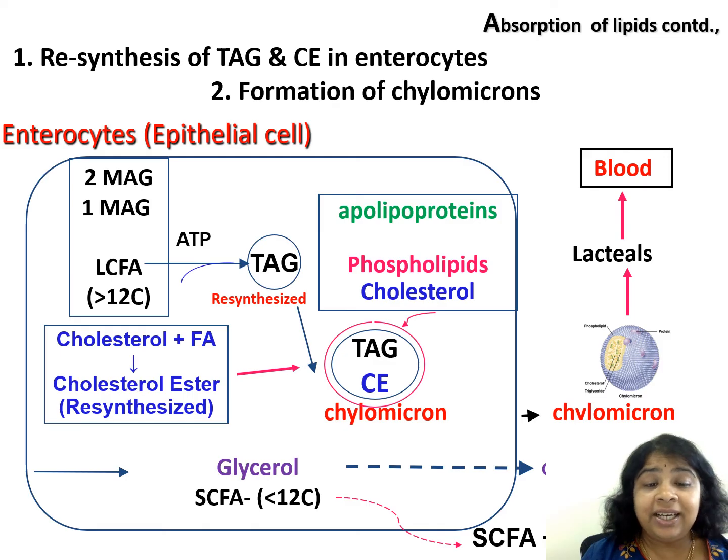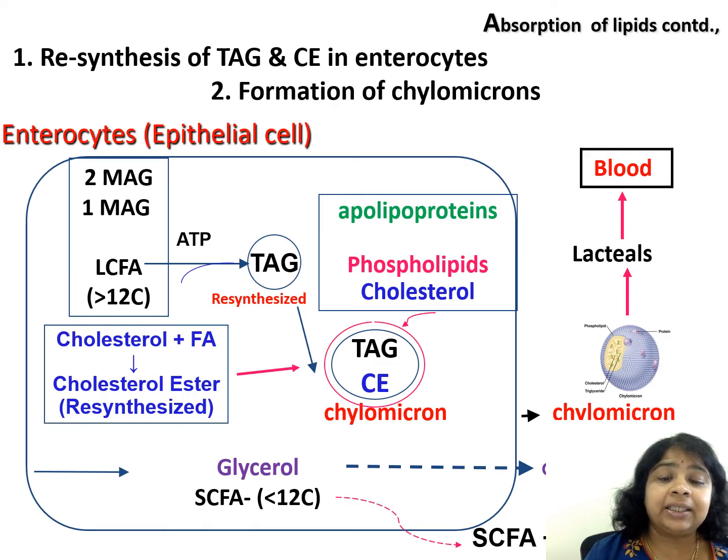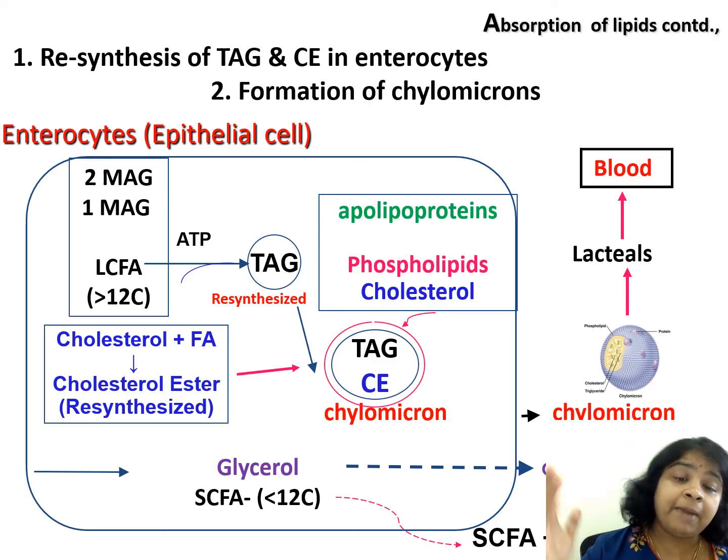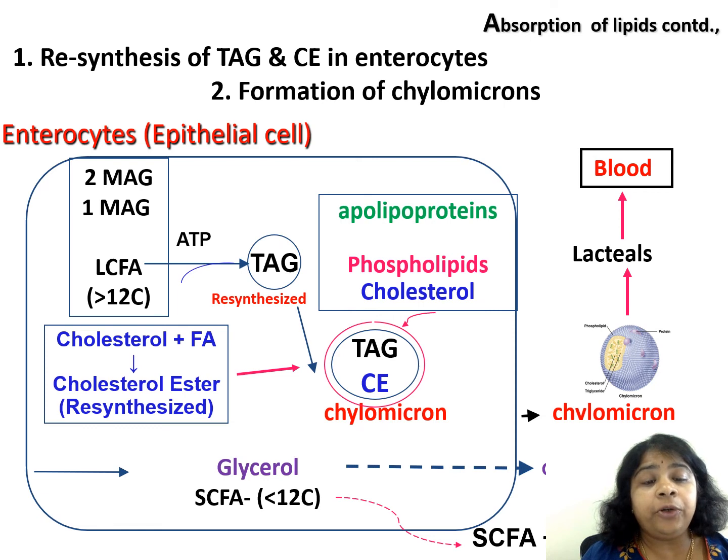Chylomicron is a lipoprotein. We will look more at chylomicrons in the class when we discuss lipoproteins. But right now you need to know that chylomicrons are synthesized by the intestines and are mainly for transport of triacylglycerol and cholesterol esters.